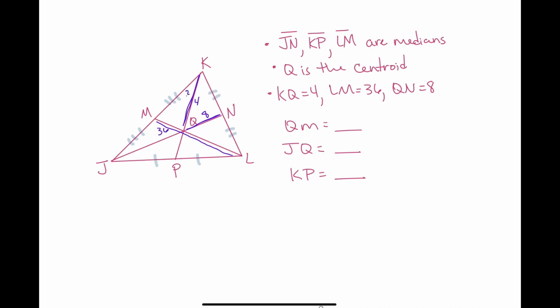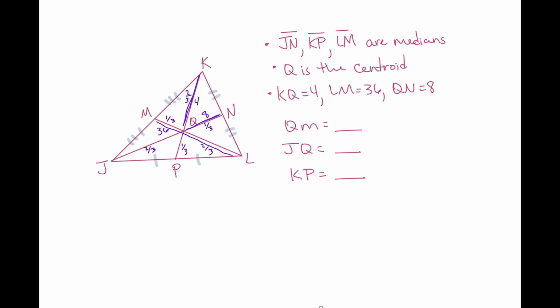So this is 2/3, this is 2/3, and this is 2/3. And the one coming from the centroid to the side is 1/3. I had you write down how to find it if you had 1/3, how to find it if you had 2/3.